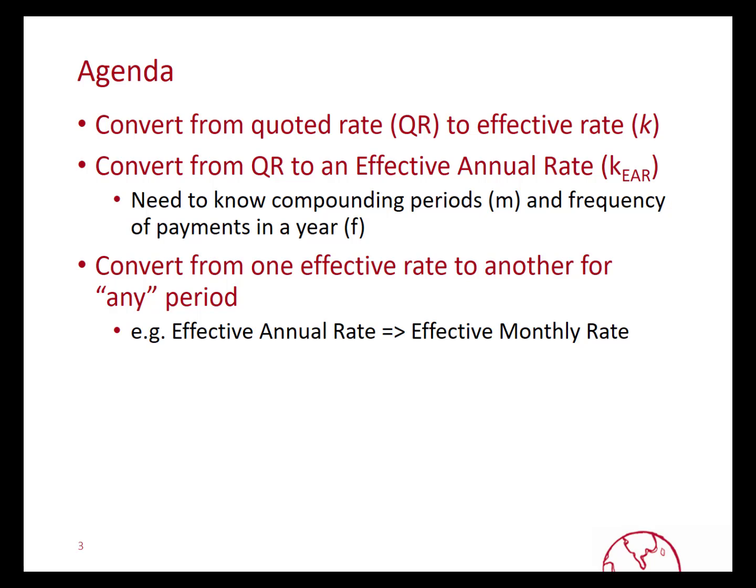We need to know how many times the compounding happens, which is going to be referred to by M, and the frequency of payments that are made in a year, which is going to be referred to as F. Finally, we're going to learn how to convert from one effective rate to another effective rate. So, for example, how can we convert from an effective annual rate to an effective monthly rate?